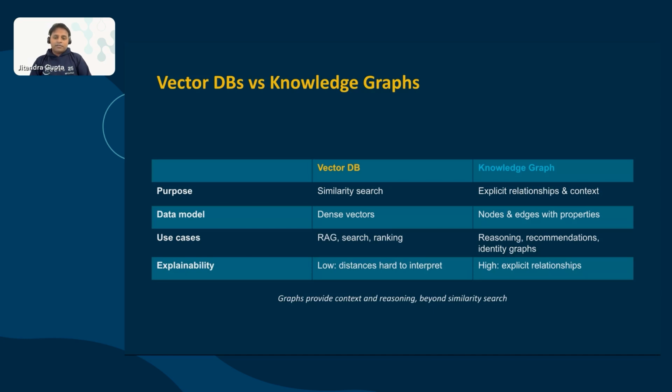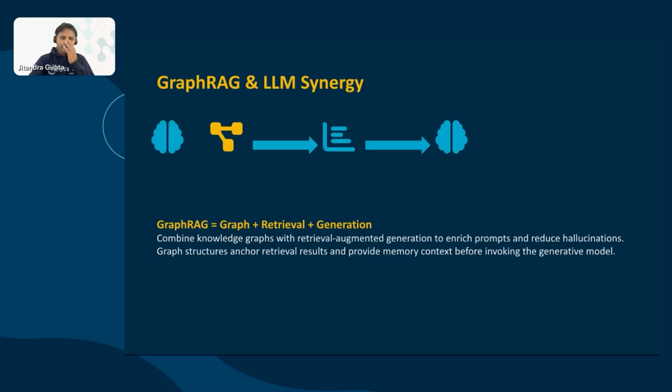Comparing it with knowledge graphs, they have highly explicit relationships from one entity to another, and that really helps overall in agentic AI or AI approaches. So here, if you see, the graph provides context and reasoning which is beyond the similarity search.